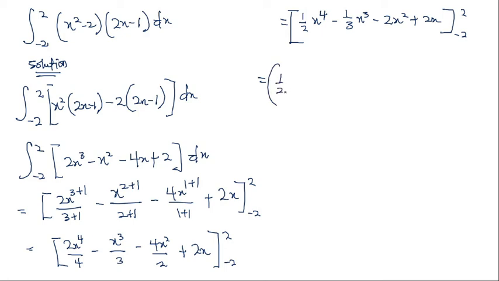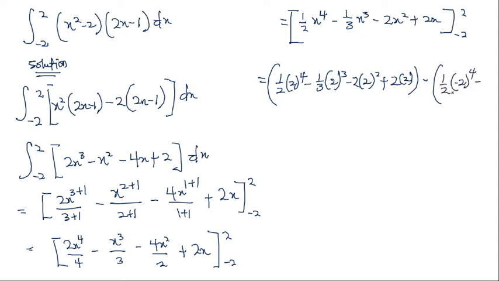So we have half times 2 raised to the power 4 minus 1 over 3 times 2 cubed minus 2 times 2 squared plus 2 times 2. Then minus, I now substitute -2, so it will be half times -2 raised to the power 4 minus 1 over 3 times -2 cubed minus 2 times -2 squared plus 2 times -2.